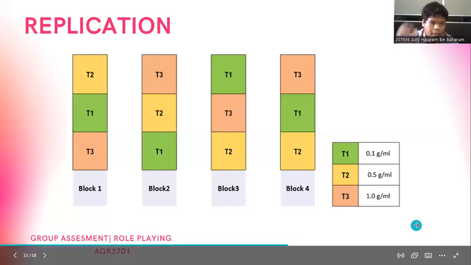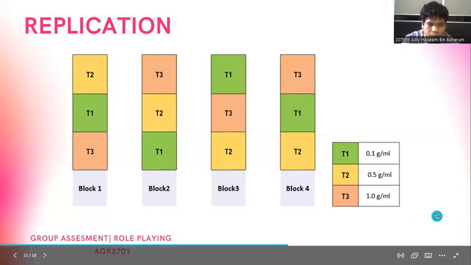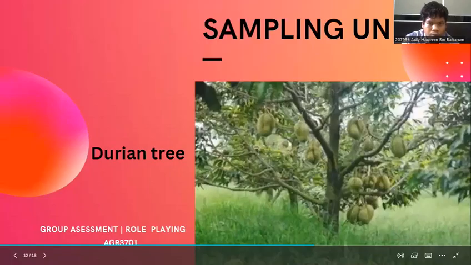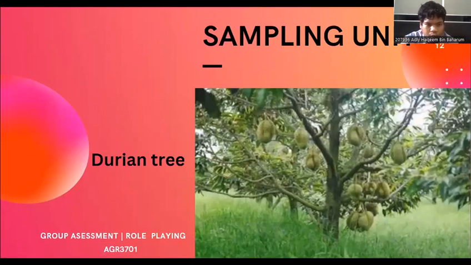And this is the design that we use, the randomized complete block design. You can see that we arrange in 4 blocks, where each block has all 3 treatments with different levels of treatment. And the sampling unit will be the durian tree.